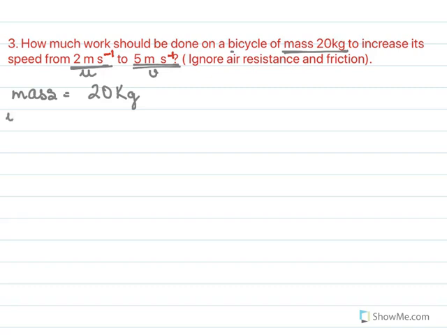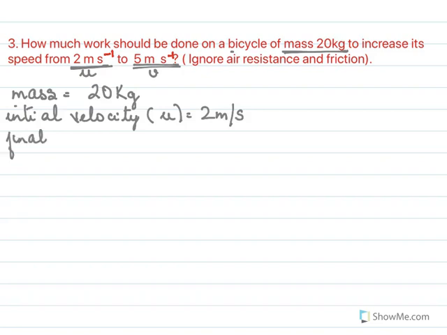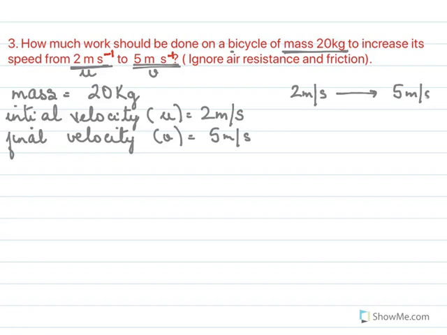So we have initial velocity u, 2 meter per second, and final velocity v, 5 meter per second. If you notice here, the object's speed increases from 2 meter per second to 5 meter per second.